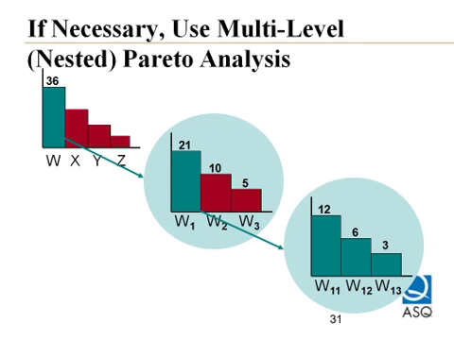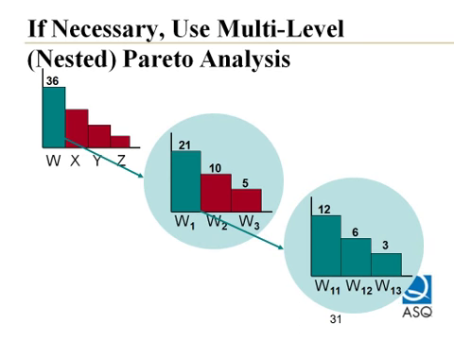So let's take a look at the top left. We see that item W, which is like item G in the previous slide, occurred 36 times. But we analyze it, and we can't decide what's going on. So what we need to do is a flow down, and what you see in the center, in the circle, with the bar entitled 21, means that as a subcategory, a subset of defect W, W1, is occurring with the greatest frequency, and that's 21.